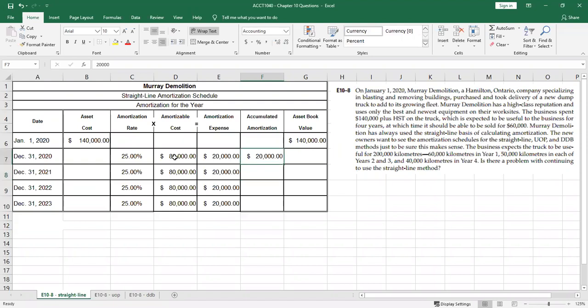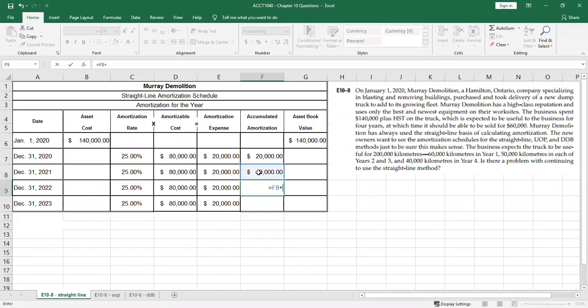The asset has only been owned for 1 year. But take a look what happens after 2 years. After 2 years, we have the amortization from last year plus the amortization for 2021. So at the end of 2021, we've accumulated $40,000 worth of amortization.